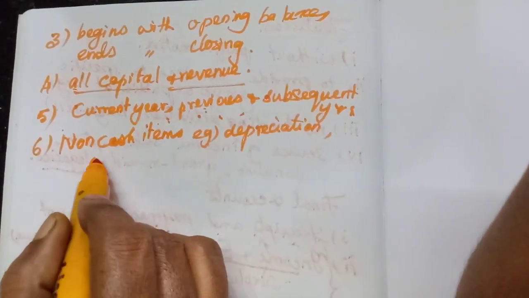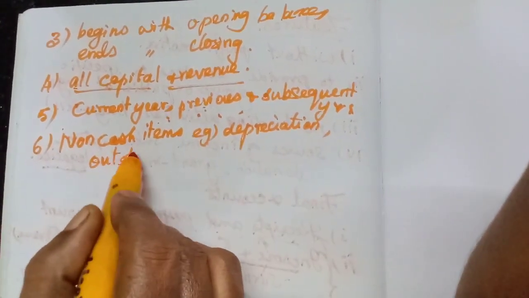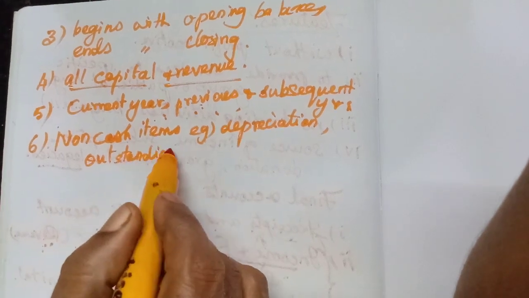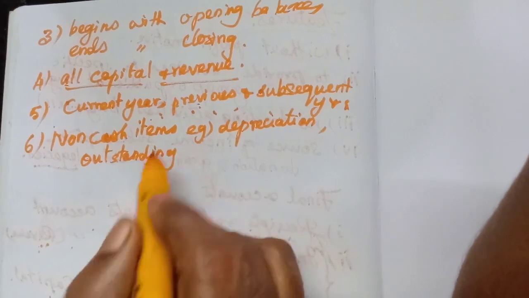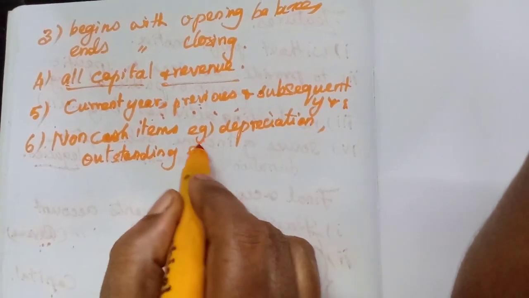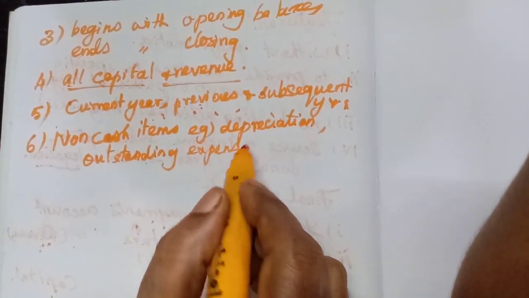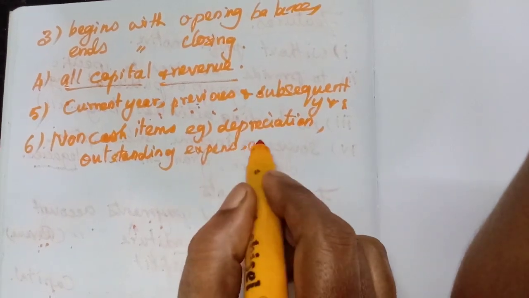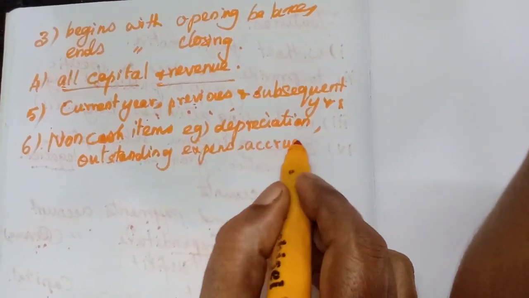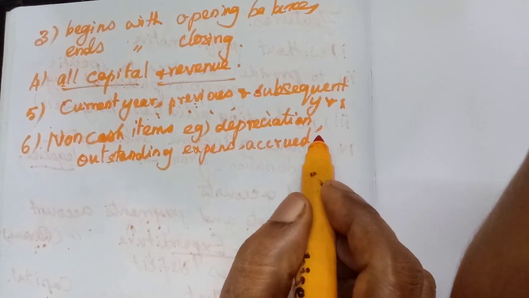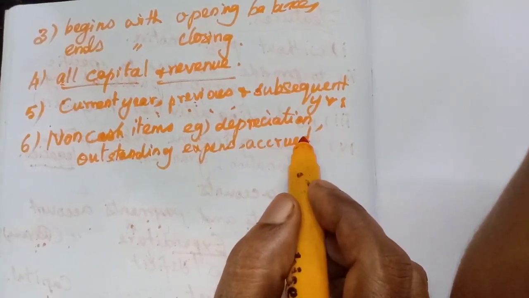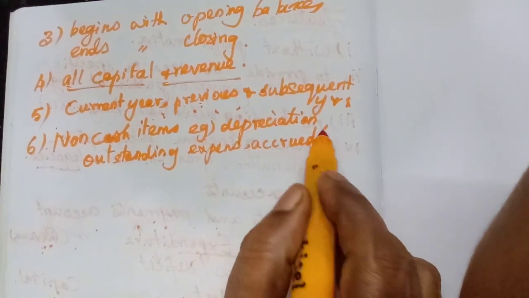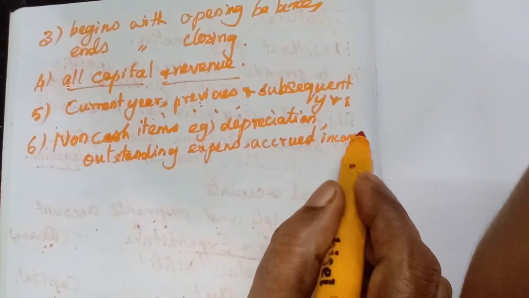Then outstanding expense: salary related to last year, if we pay it this year, we will write it, but current year's outstanding we will not enter. In the same way, any accrued income. For example, this year's rent which we have not yet received should not be entered there.